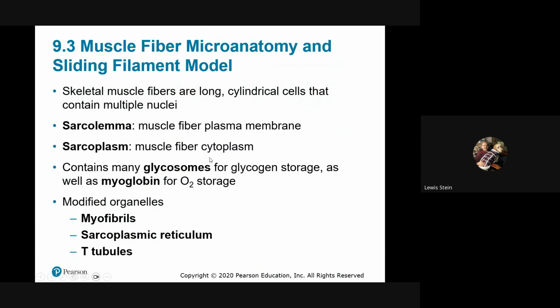It contains glycosomes because glycogen is the energy supply. And the myoglobin is for oxygen. That also imparts the red color. So the difference between red meat and white meat, they all have myoglobin in animals. For those of you who are vegan, this is the explanation.